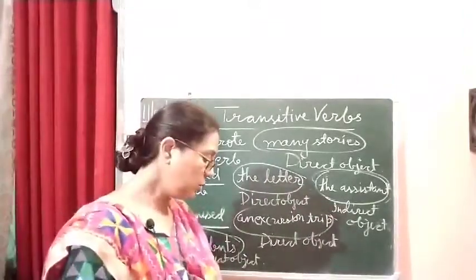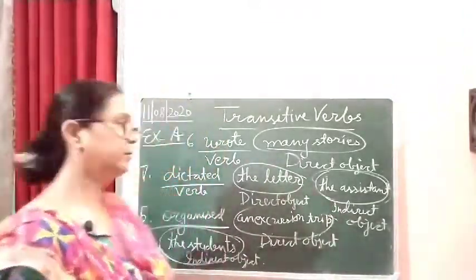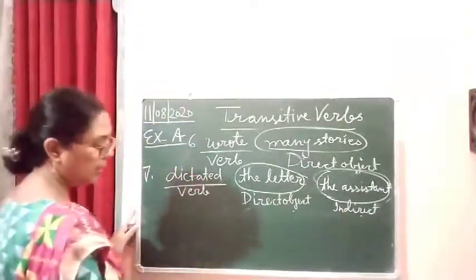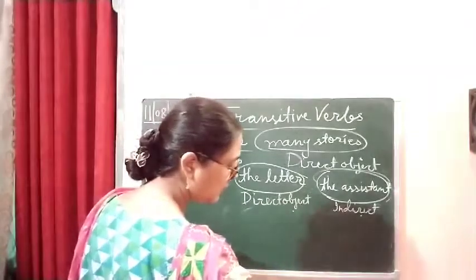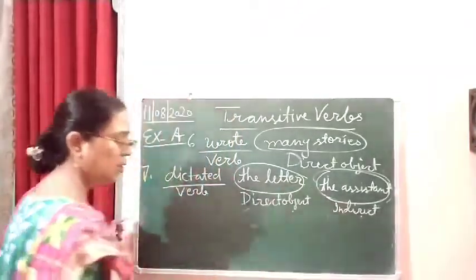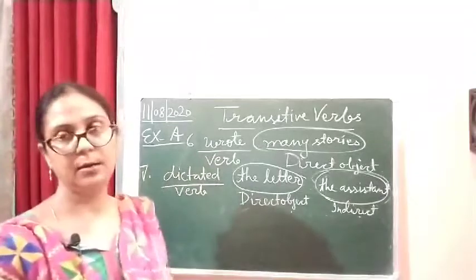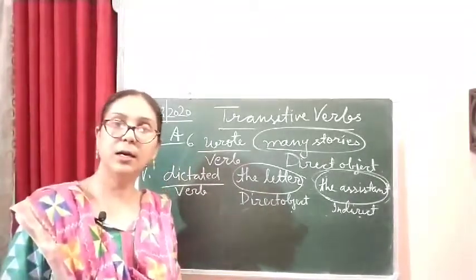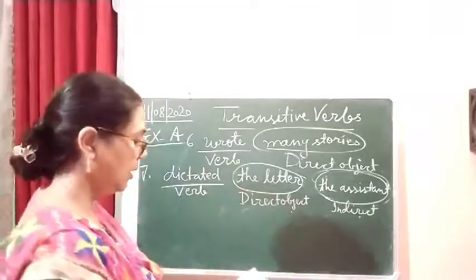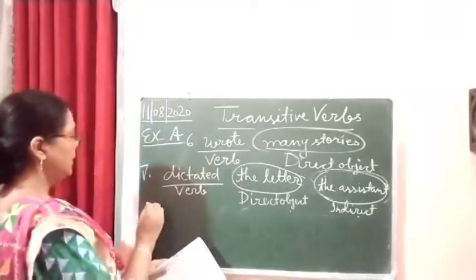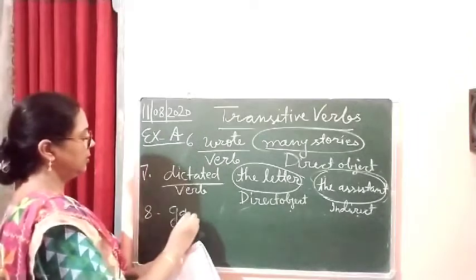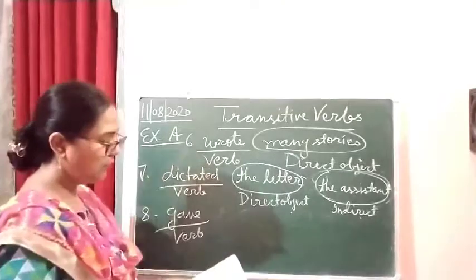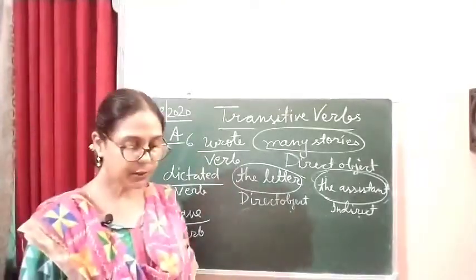Now we are moving to number 8. The nurse gave some pills to the sick lady. Here you can see in number 8, gave is a verb. And what is the direct object?